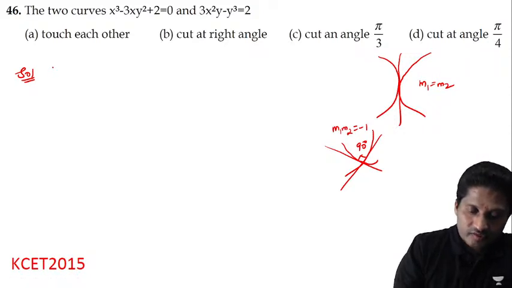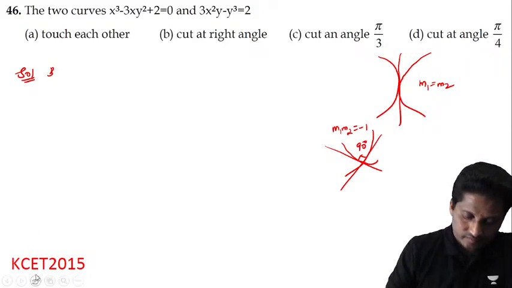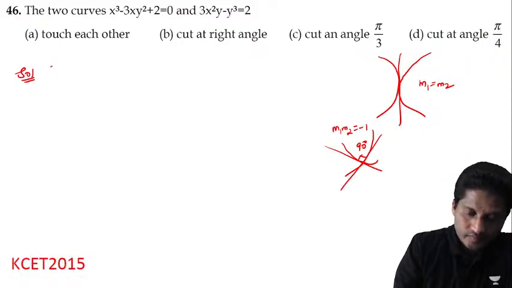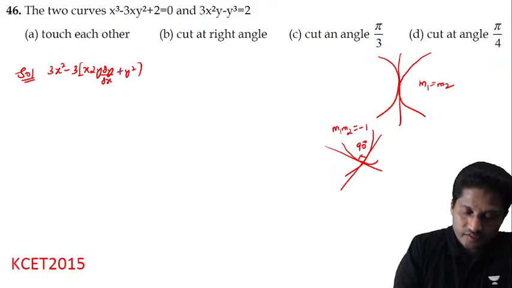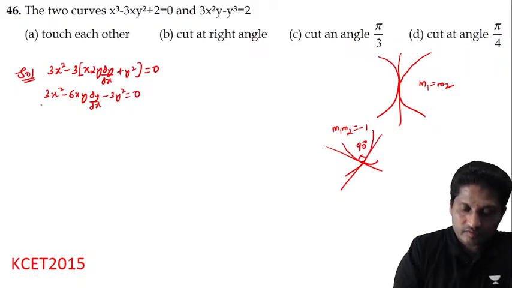If I differentiate this, you get 3x square minus 3 into a bracket: first function is x, y square is 2y into dy by dx, the second function is y square, differentiation of x is 1. So 3x square minus 6xy dy by dx minus 3y square is equal to 0.